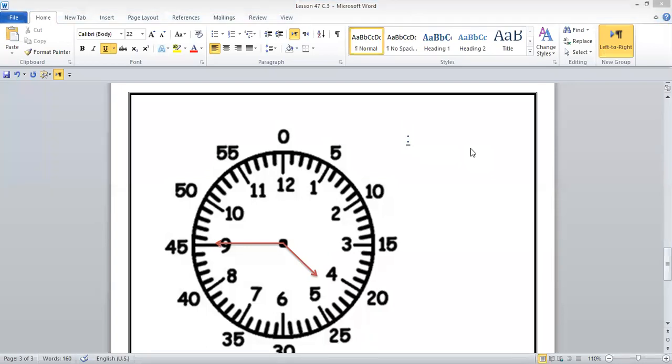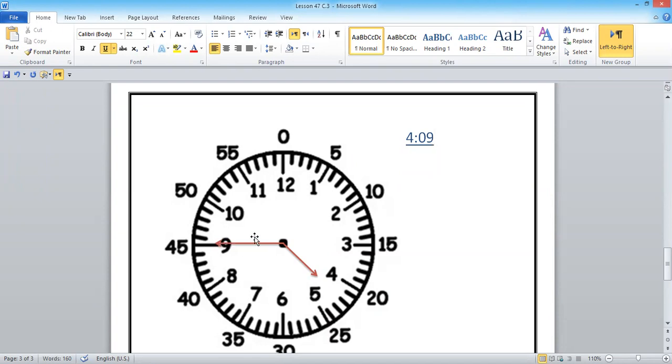What time is it right now? 94? Okay, 49? Tell me what to write first. 4, okay. 49, you mean that? Look at the long hand. No, no, no, 94.